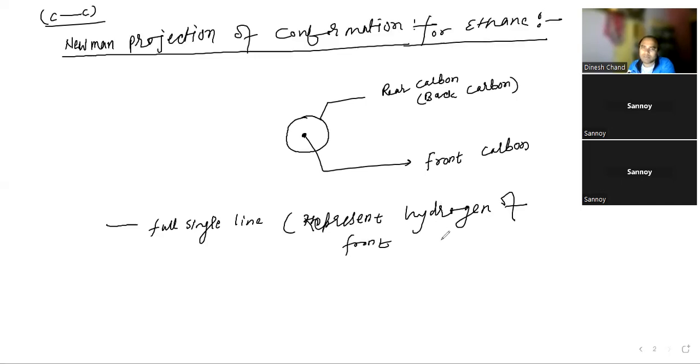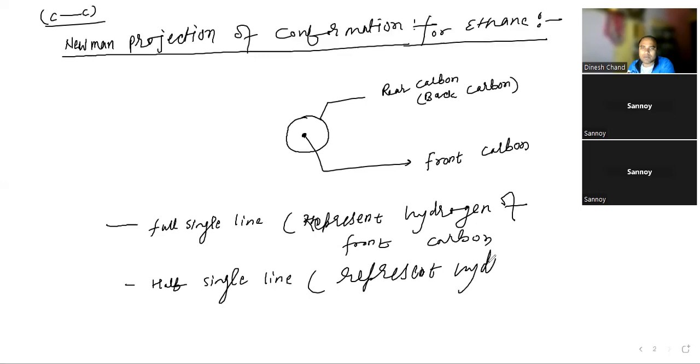Here is a half single line, which represents the hydrogen of the back carbon.